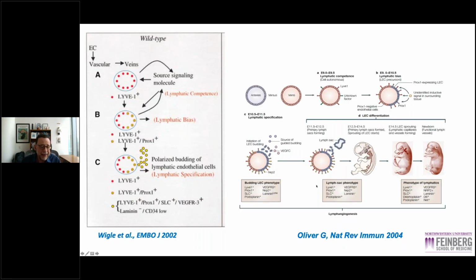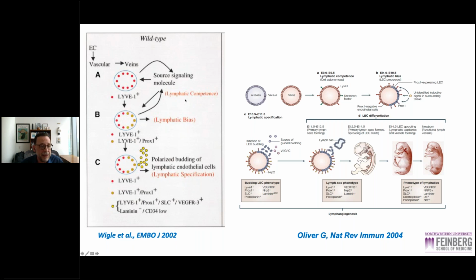Then again, just to give you a perspective of how things were at that time, this is from Jeff's paper. Based on the knowledge at that time, we are developmental biologists by training, so we used the concepts of developmental biology to put together a scheme of how lymphatic endothelial cells originate. In developmental biology, cell differentiation starts by a cell acquiring competence.